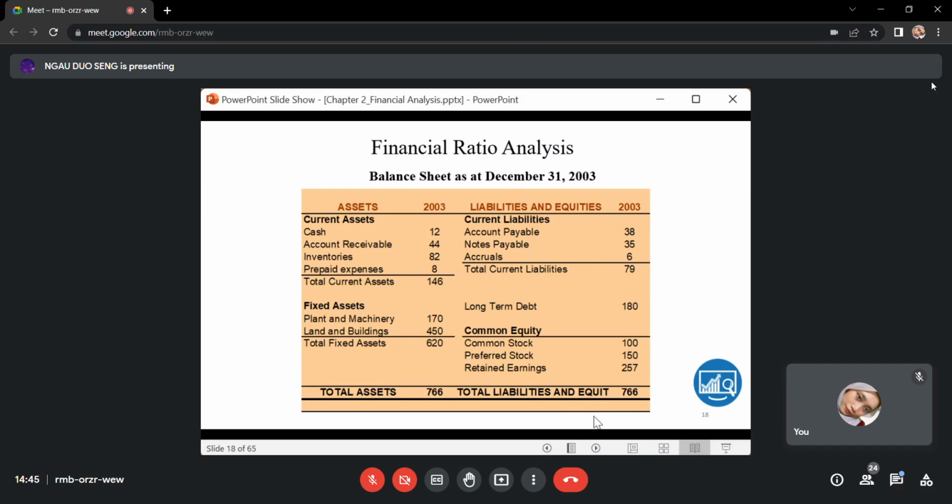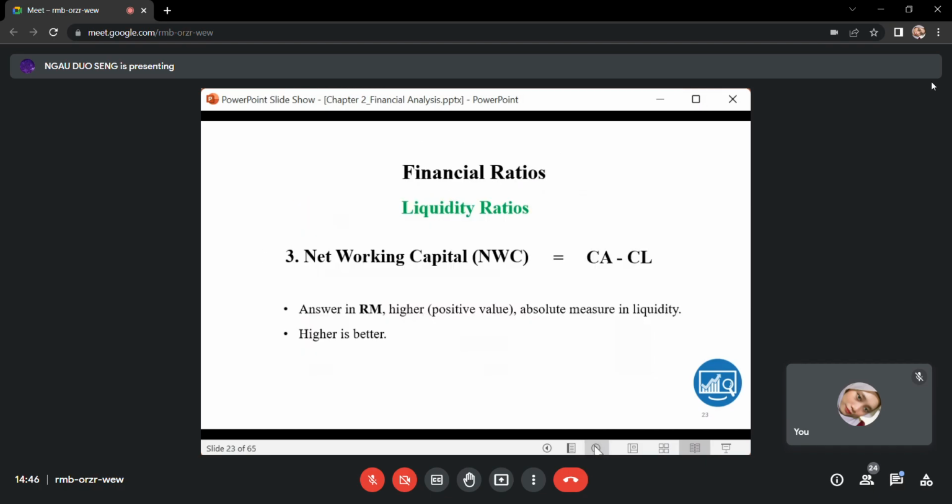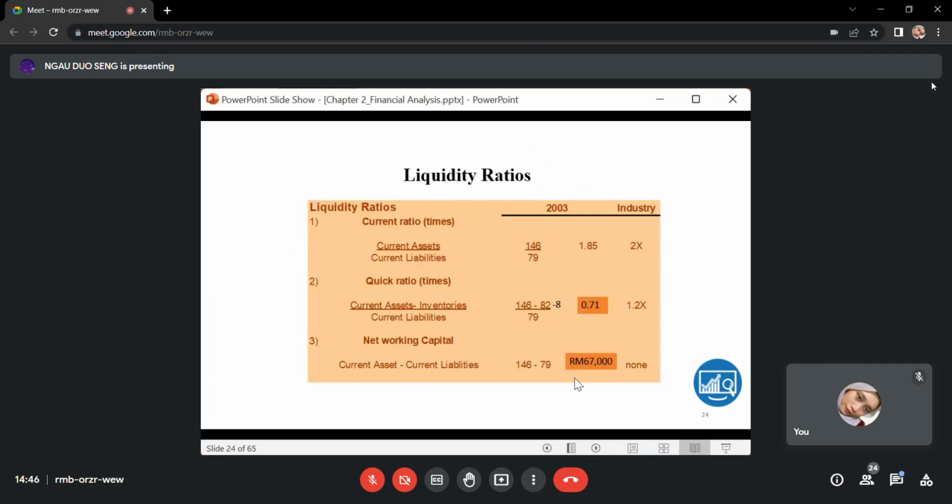It has no impact on the current ratio and quick ratio because this is a division; kita dah cancel the zero dan tak ada masalah. So only this one is 1,000 in ringgit. So it's 67,000. All right, this one industry tak ada, so we cannot do comparison. But this one is a positive answer, then we consider good lah. The current asset is more than the current liability.